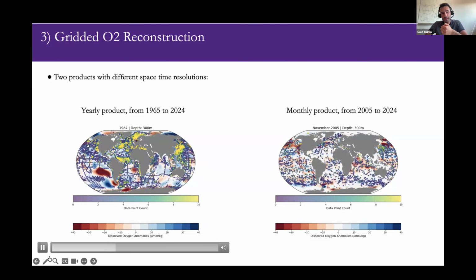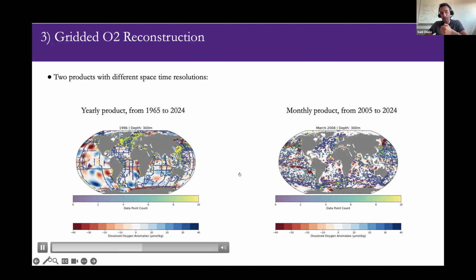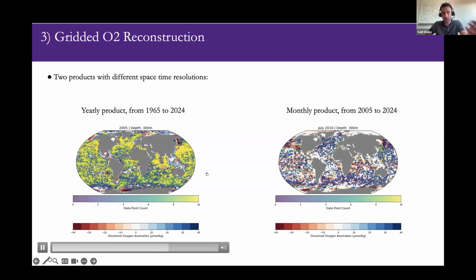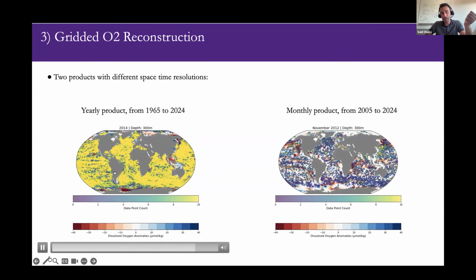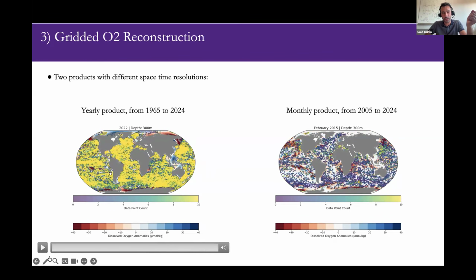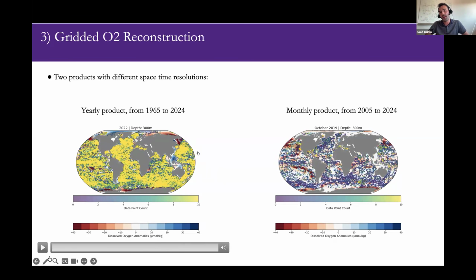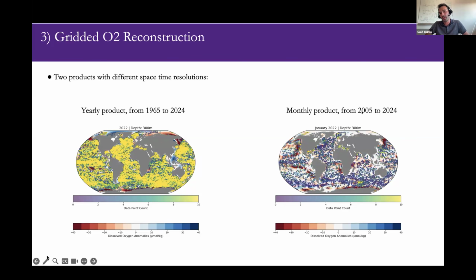What I'm showing here is the sampling of the dissolved oxygen measurements of both products, where we include the emulated observations made using the neural network. As we can see, after the year 2000 there is a huge increase, due to the launch of the Argo program, in temperature and salinity profiles that are converted here into dissolved oxygen and nutrient profiles, which allows the refinement of the product, with a better resolution after 2005.